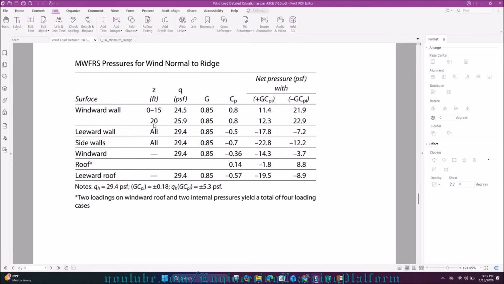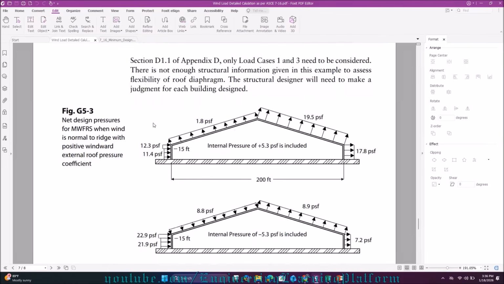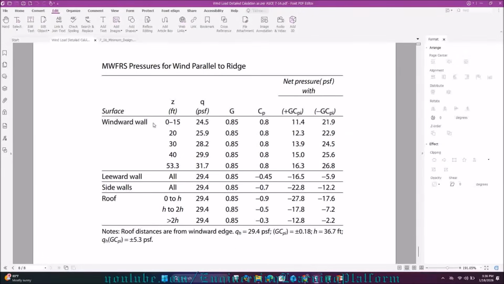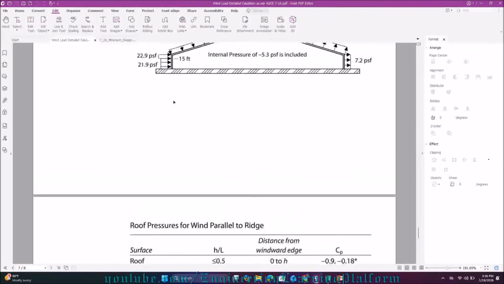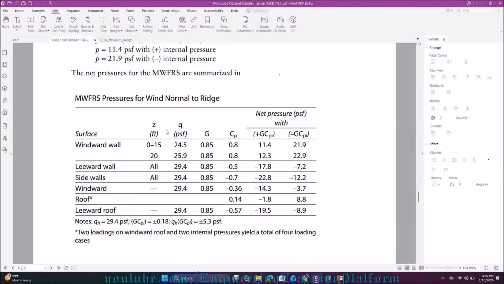Now here is an important, interesting thing that you need to know. We have just gone up to 20 feet. Why? Because as far as our wall normal to ridge is concerned, its height is just 20 feet. But as far as our wall parallel to ridge is concerned, its height is up to 53.3 feet. So that's the important thing that you should keep in your mind.